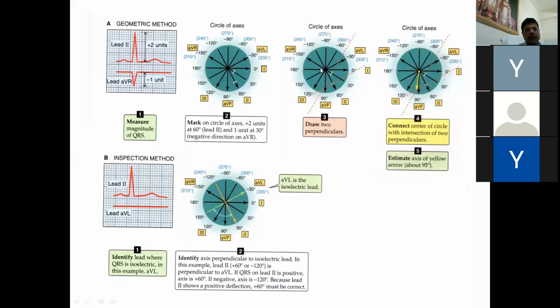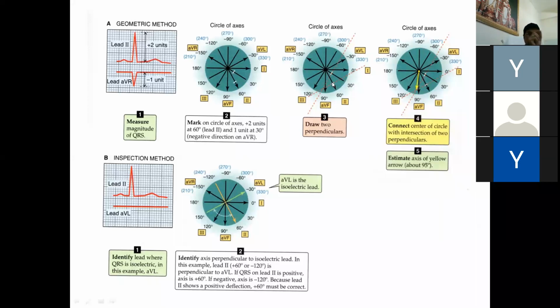Then on the points you have marked on those two leads, you will draw one perpendicular line on lead AVR and another perpendicular line on lead 2. Where will that perpendicular pass?